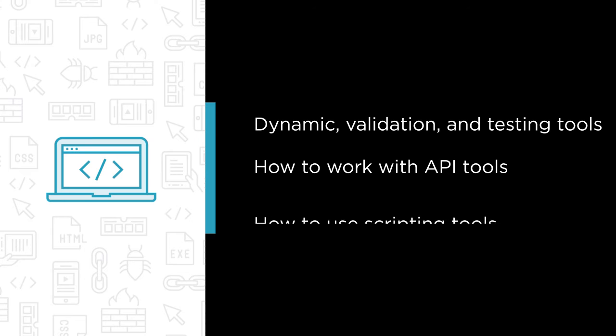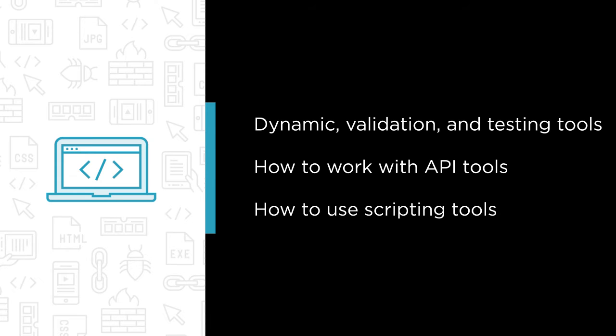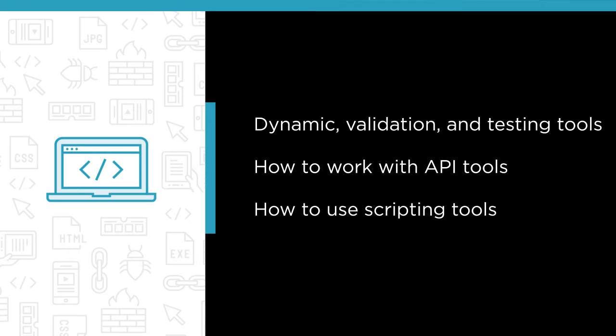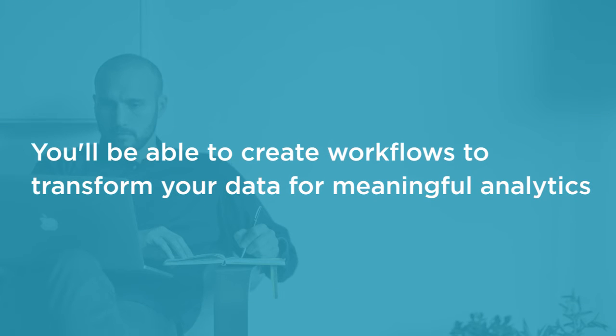And then, you'll learn how to use scripting tools, including Python and R, to make the most of your own code. By the end of this course, you'll have the skills and knowledge of the developer Alteryx tools that are needed to create workflows to transform your data for meaningful analysis.